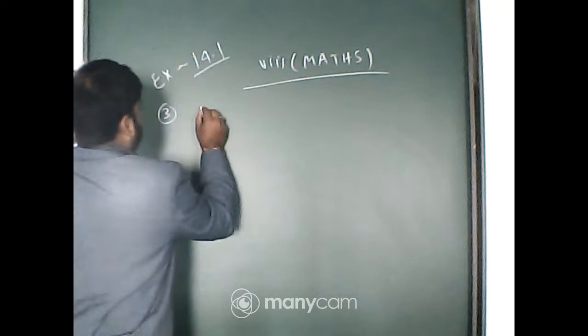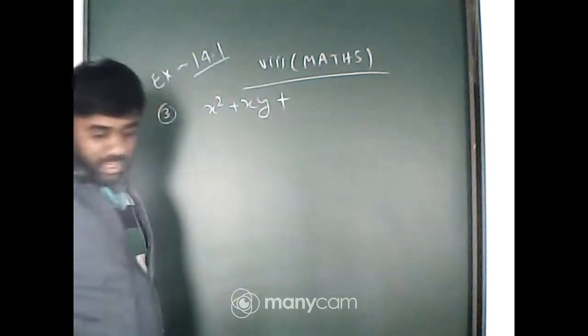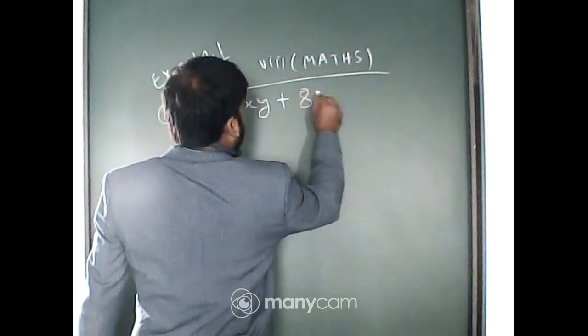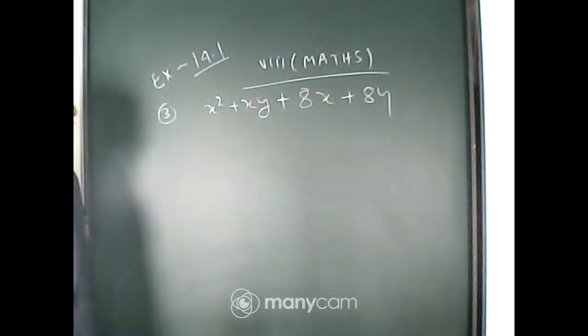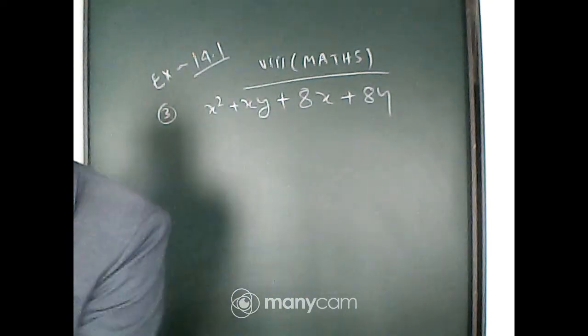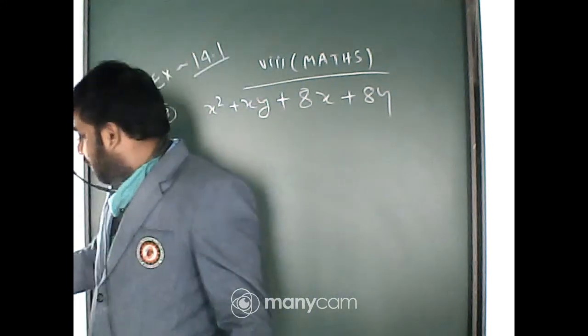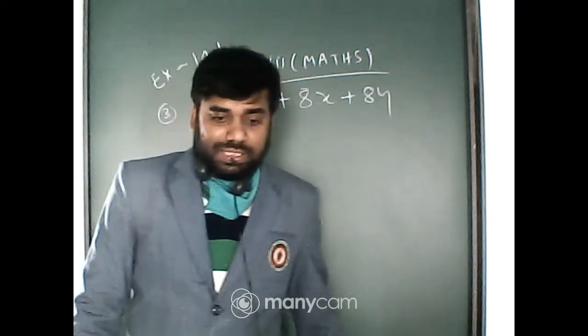x square plus xy plus 8x plus 8y, factorize it. Okay, so this is an expression given, we have to write it in the product form.